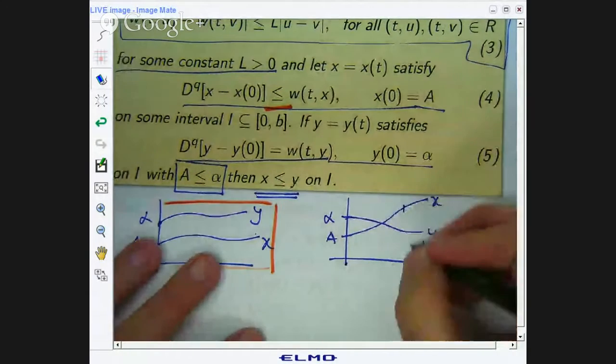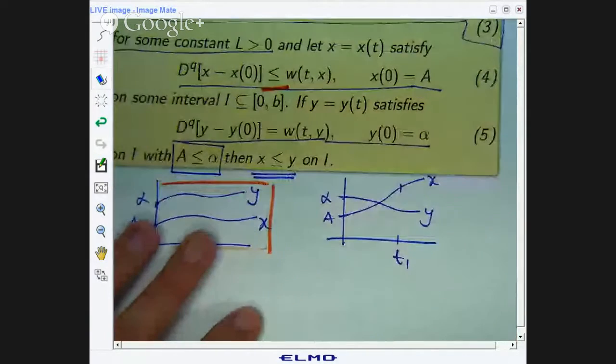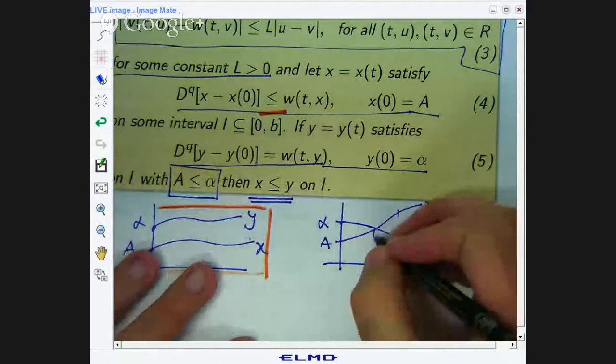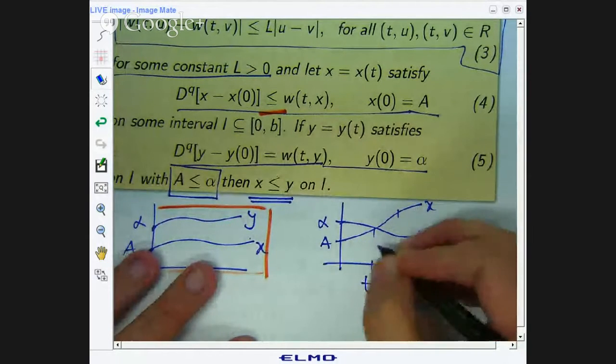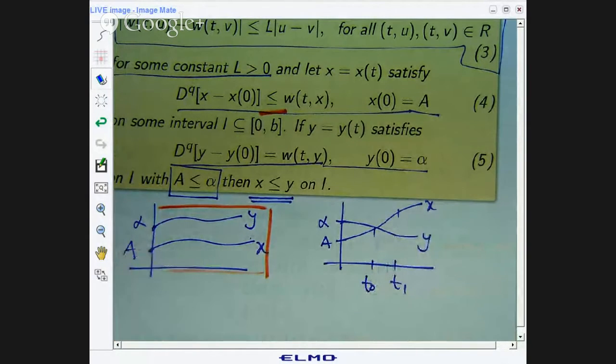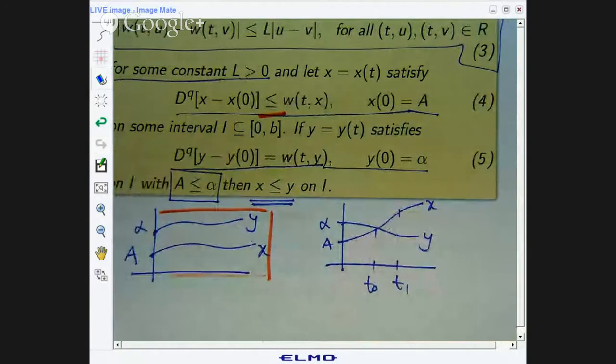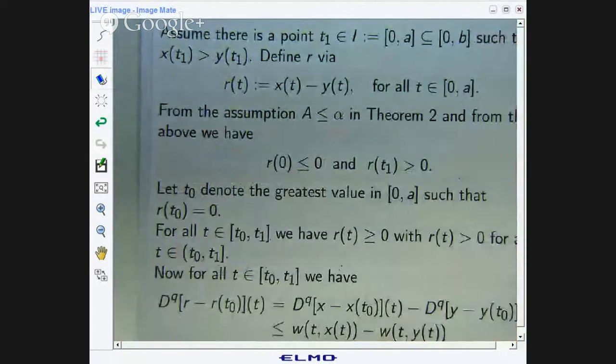Okay, so there is a point, say T1, where X is greater than Y at T1. And there'll be also, by continuity, a point T0 where they touch. Okay, now this kind of scenario is going to lead us to some sort of nonsense. So let's check it out. All right.